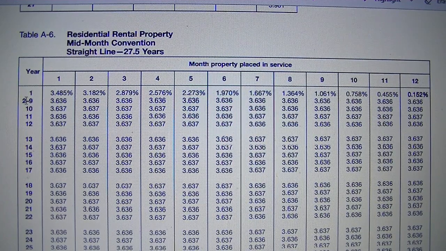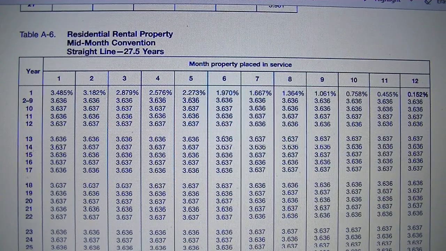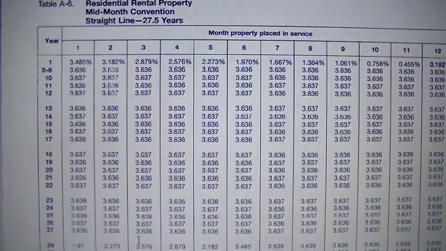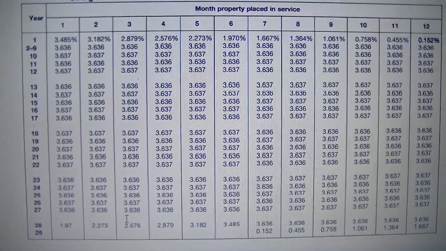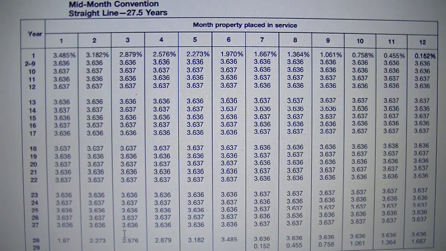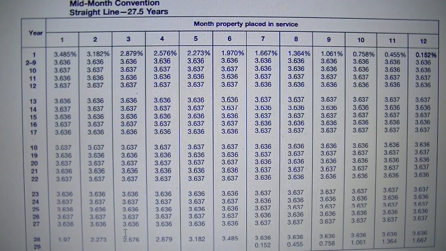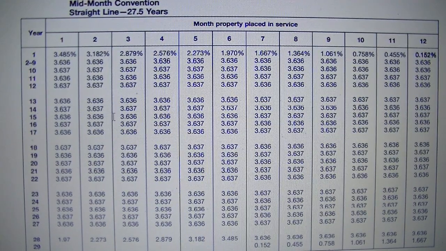You notice that they have years 2 to 9. Years 2 to 9 will have that same rate, and year 10 will have 3.637%, all the way to year 28. So it's 27.5 years, but you depreciate it in pretty much 28 years.